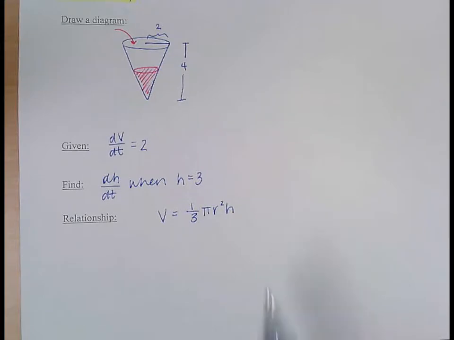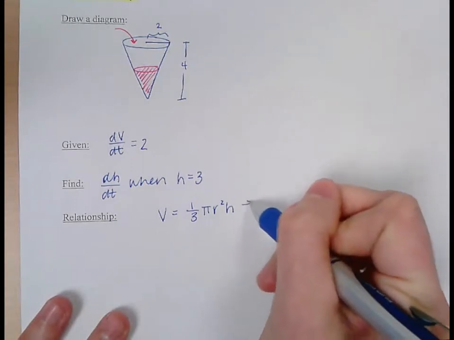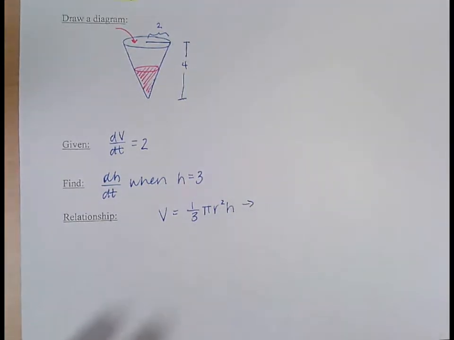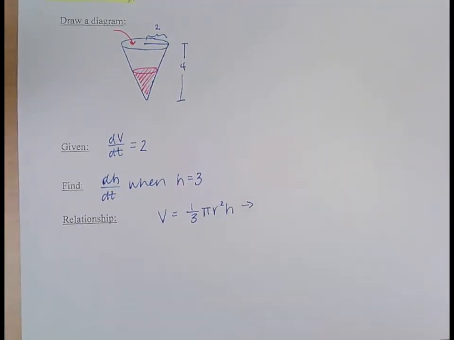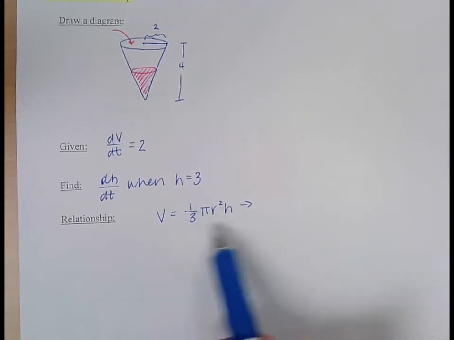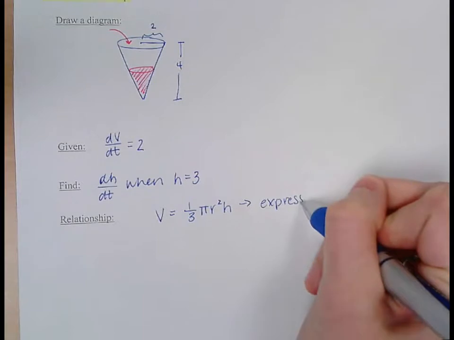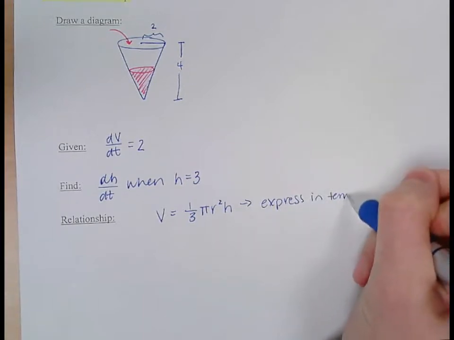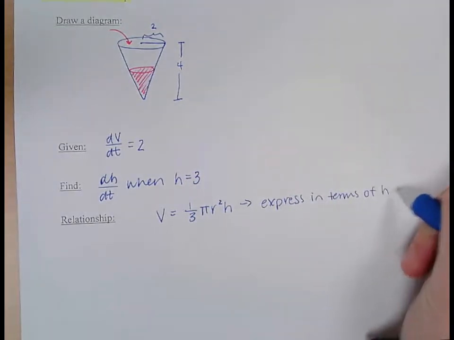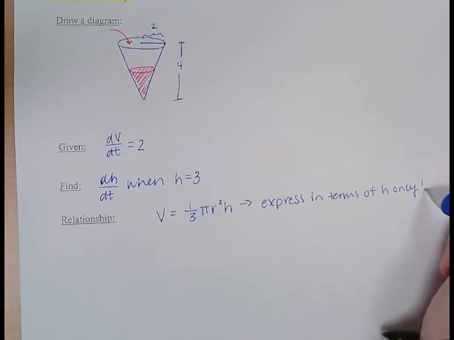So because of that, before I actually find the derivative of this, I want to express the volume just in terms of the height. I want to get rid of my variable r so that I have V just in terms of h. I'm just going to make a note, express in terms of h only.